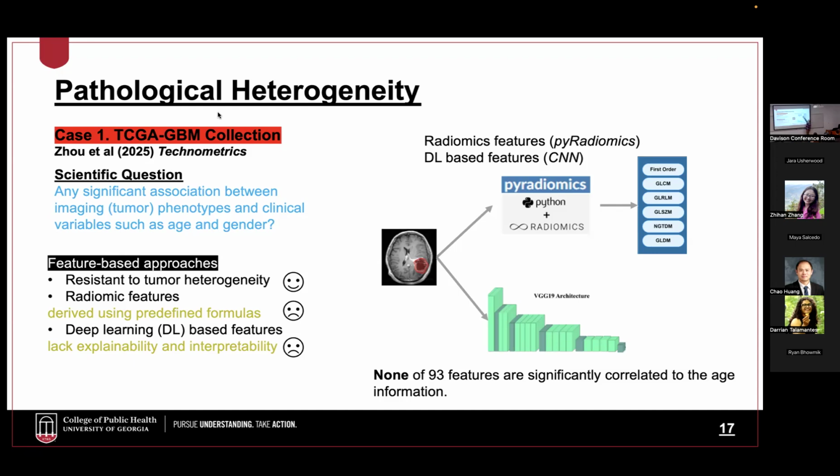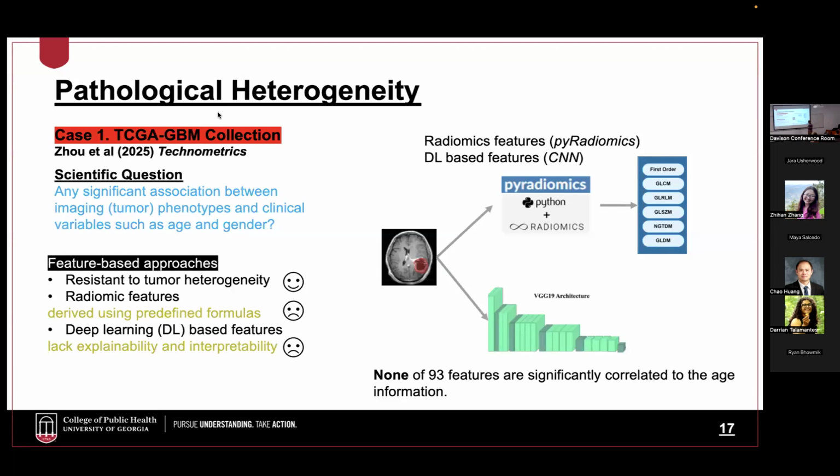So we use this Python software, which is called PyRadiomics. This is developed by researchers at Harvard University, and they want to extract some meaningful and useful texture features from these tumor areas. We also try to use a pre-trained deep learning model, VGG19, to get some useful and important features.